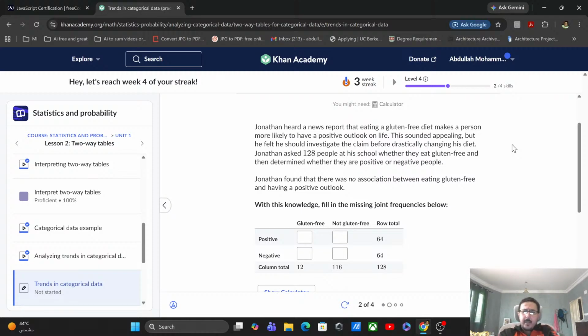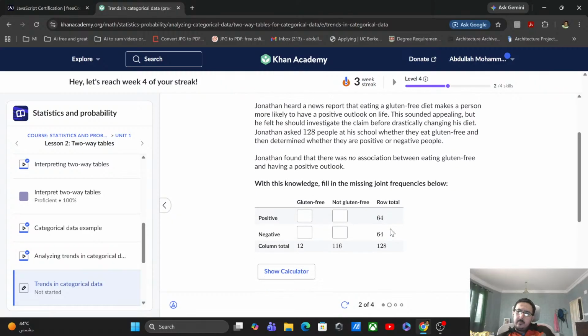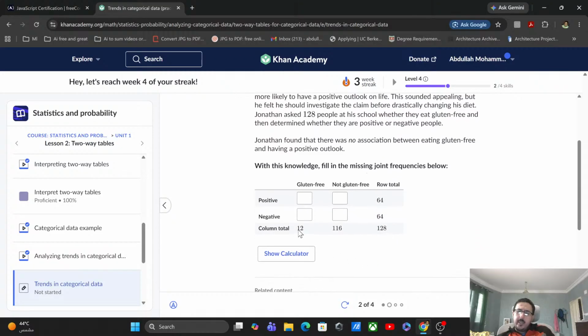So what can we say is 0.012 multiplied by 64, positive gluten-free. Column total: 128 people. So this is 128 and this is 12.